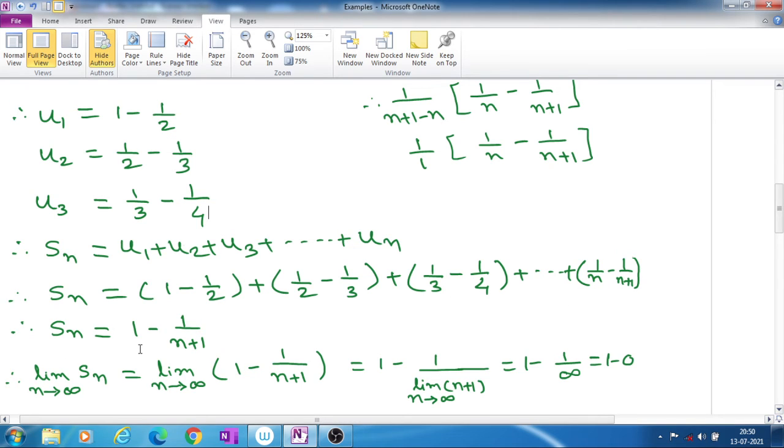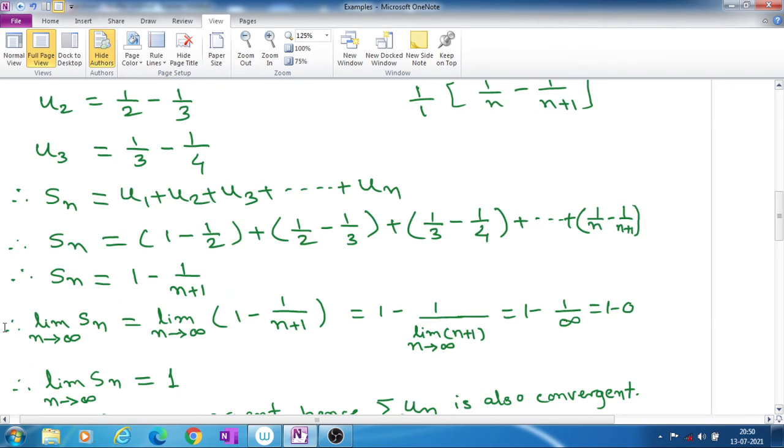Therefore Sn is equal to 1 minus this last term, 1 upon n plus 1. So this is our Sn. Now we find the limit of Sn as n tends to infinity, which is equal to the limit of 1 minus 1 upon n plus 1 as n tends to infinity. So this is equal to 1 minus, we take the limit where there is n.